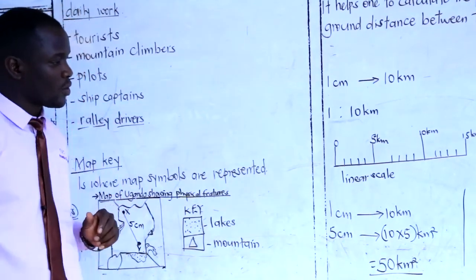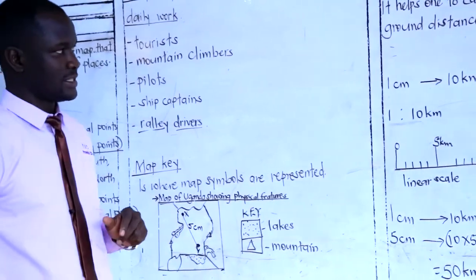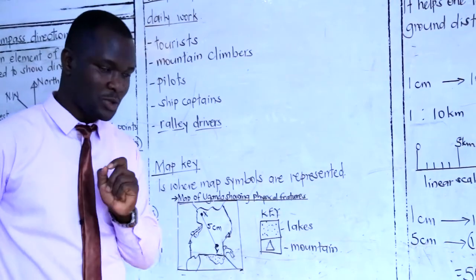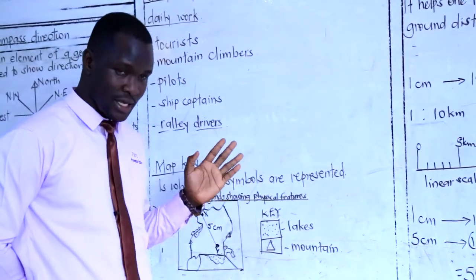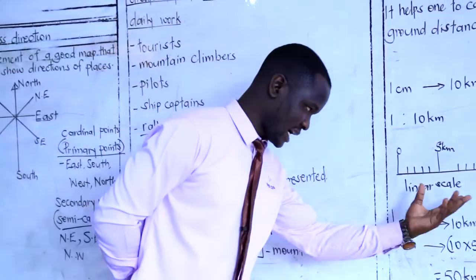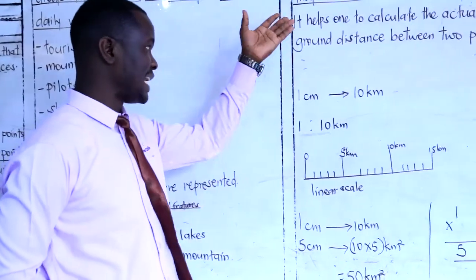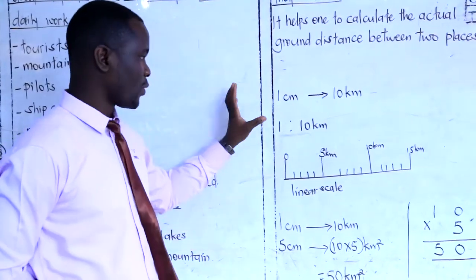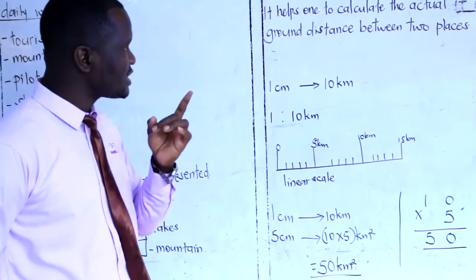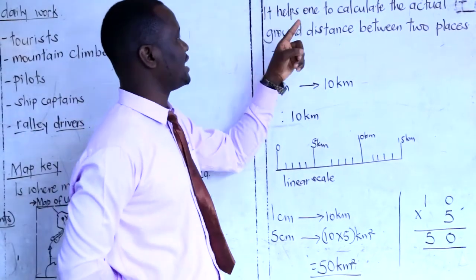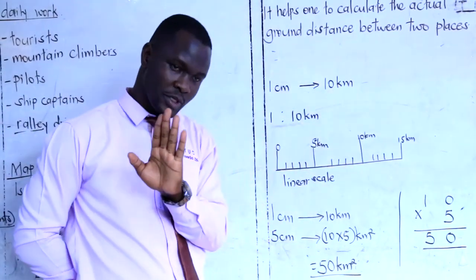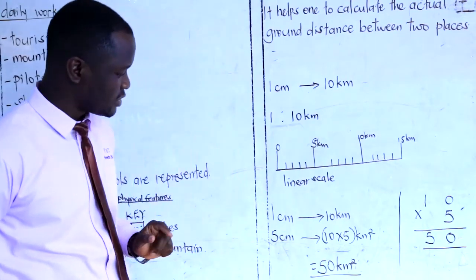That is how we calculate. Remember, we are the ones who calculate, not the scale. As you see, I was the one calculating together with you. The scale is just there giving us what we are to use. So don't ever again say that a scale calculates.